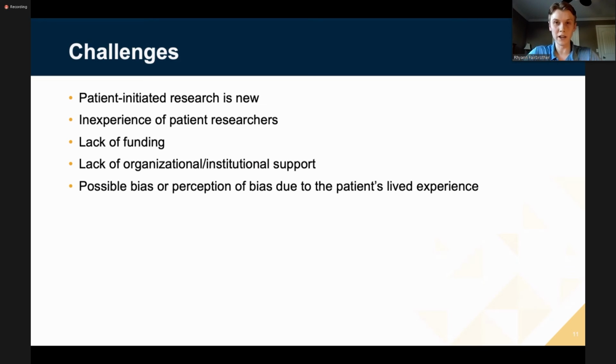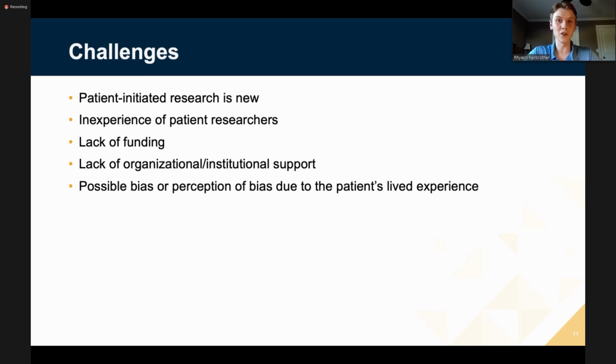There aren't a lot of situations where patients have the proper experience with research methodologies and are working from a published academic institution, so this has been posed as a challenge. In addition, because this is so new, there's also an apparent lack of funding for this type of work, as well as a lack of organizational and institutional support to conduct this kind of work.